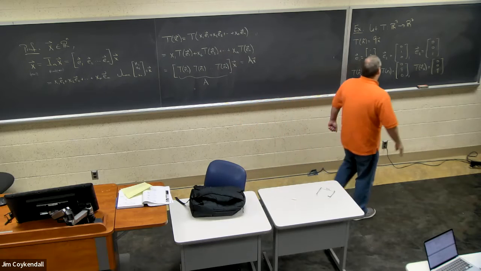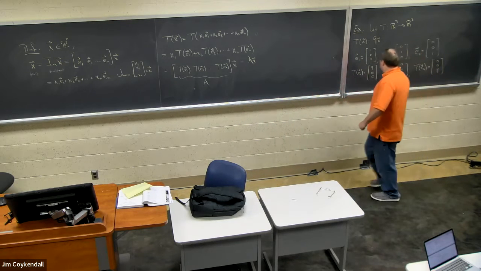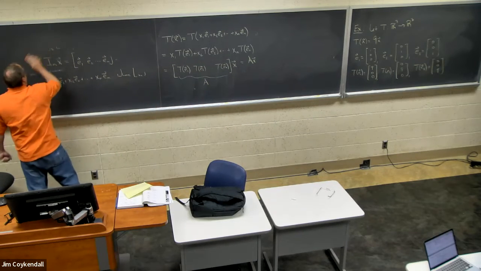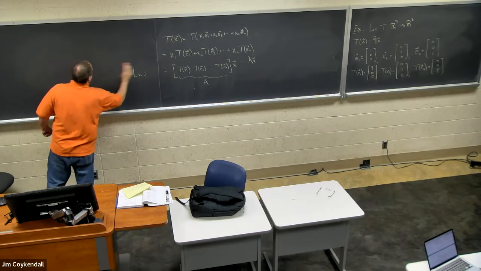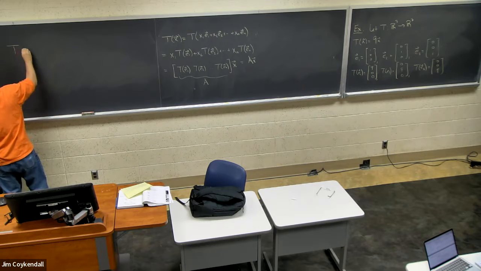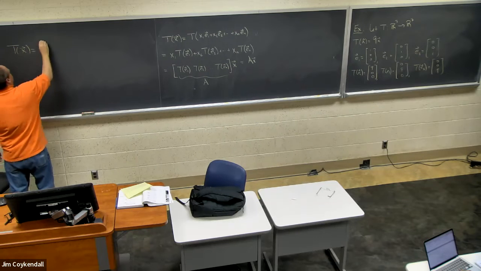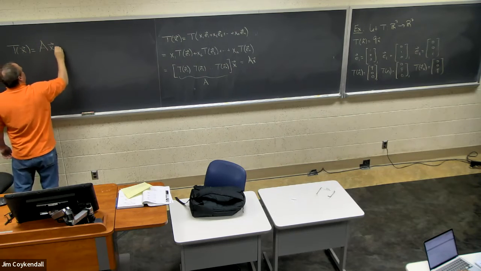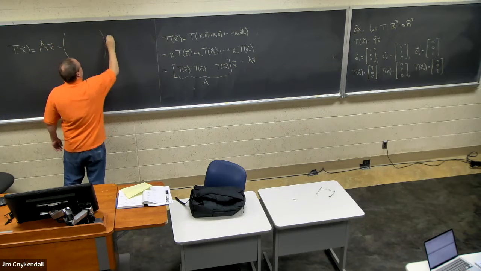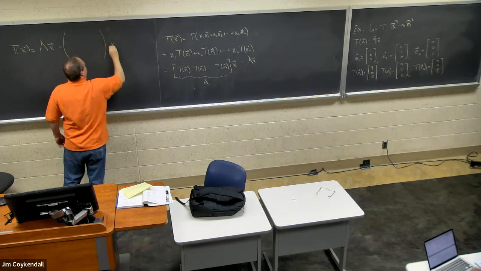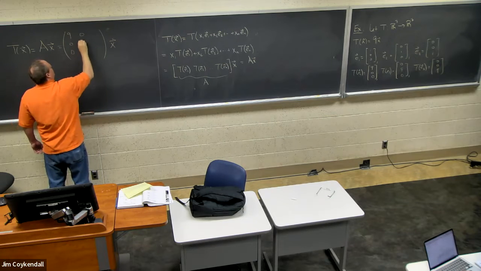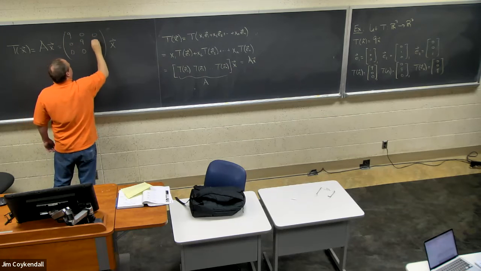So my matrix, if I wanted to write this in matrix form, is this. A is equal to 9, 0, 0, 0, 9, 0, 0, 0, 9.